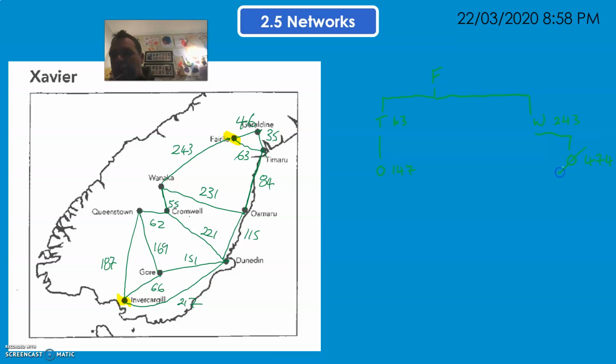Now I'm not going to continue that branch because I have this other Oamaru that is 147. So the other option from Wanaka is to go to Cromwell, and Cromwell is 243 plus 55, which is 298.